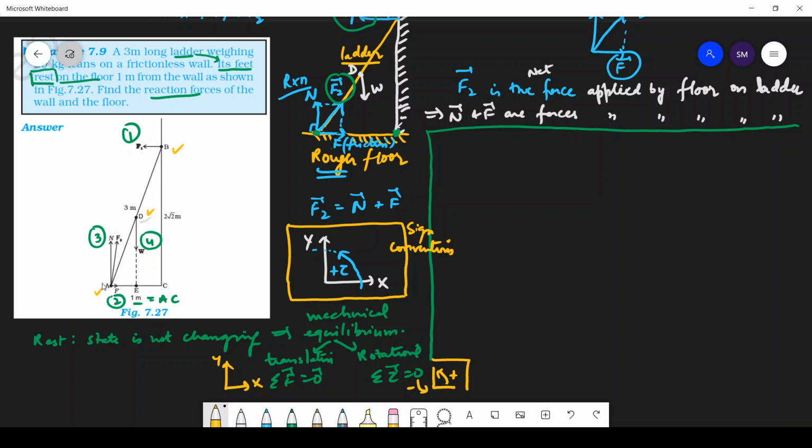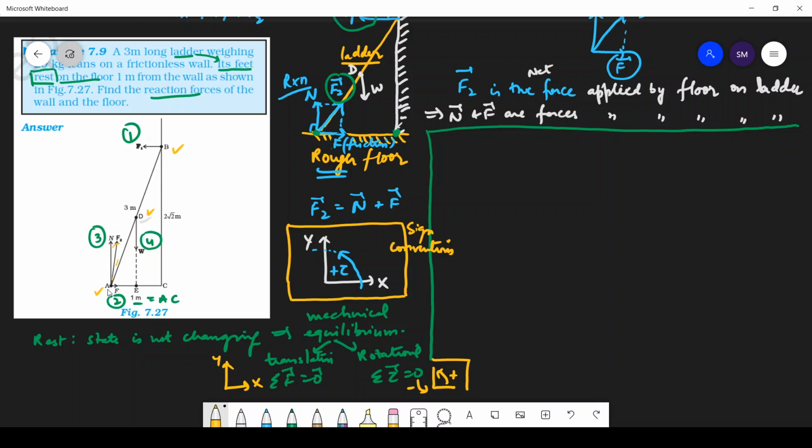If you take the moments about B, then you have to calculate the distance of the forces from B, like distance of F W from B, this F from B and N from B. So there will be more variables, meaning you need to write three equations. One will be 0. If you take D, then again the distance from B to D, and then N and F from B. So again three variables you will have.